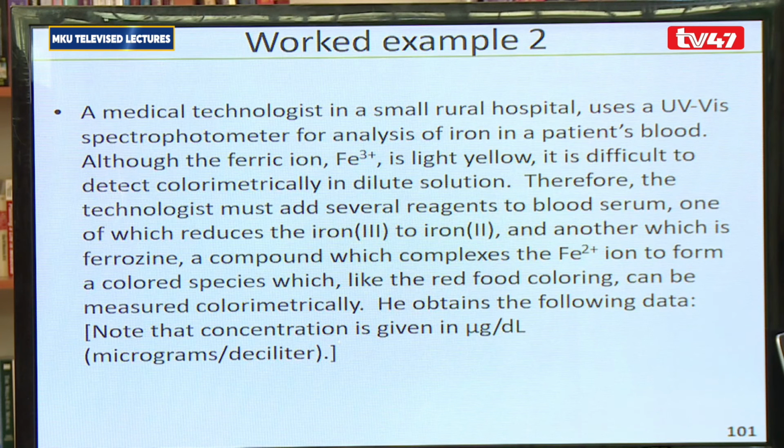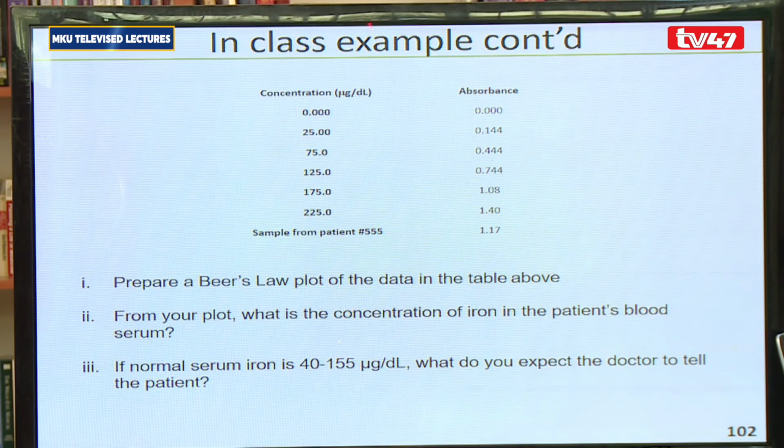And in this case, you are told to note that concentration is in micrograms per deciliter. So we have the concentration and we have the absorbance. Again, notice that we have the absorbance of the unknown sample, which is sample number 555 from the patient.